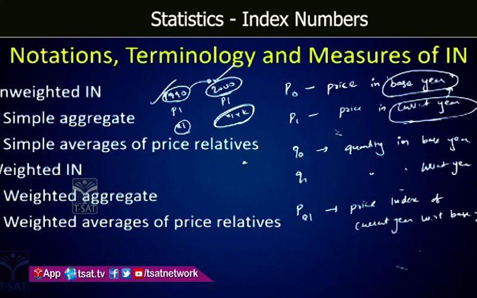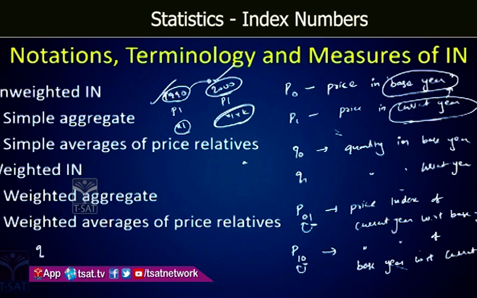See here, notation is very important. Price index of the current year with respect to base year. Current year we represent with 1 and the base year we represent with 0. So P01 is the price index of current year with respect to base year. Alage P10 is the price index of base year with respect to current year.